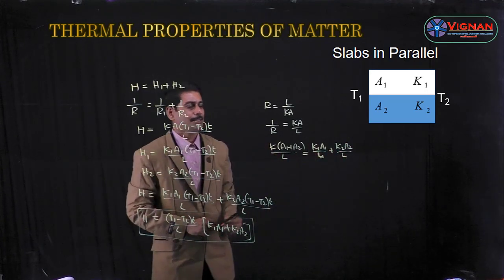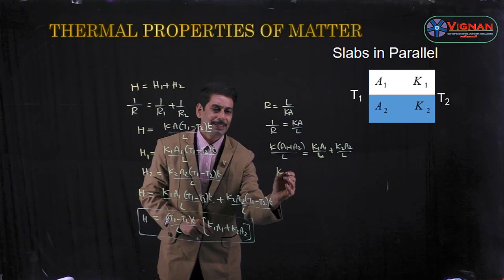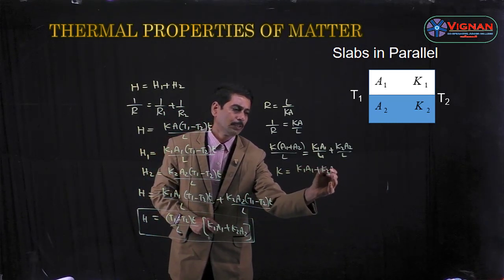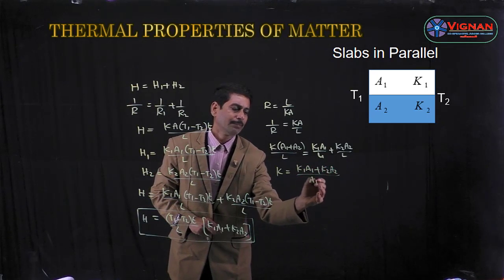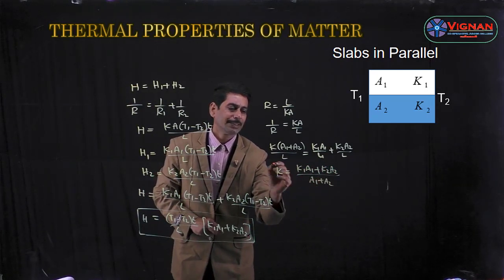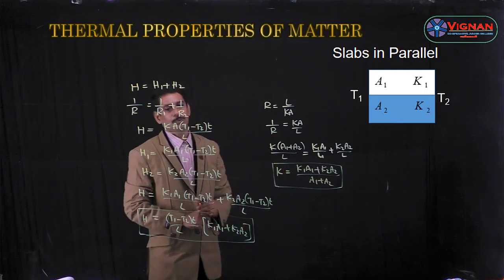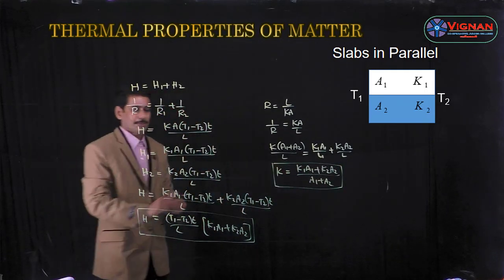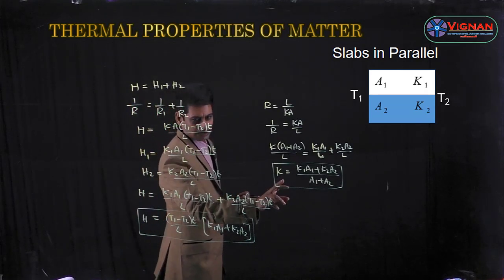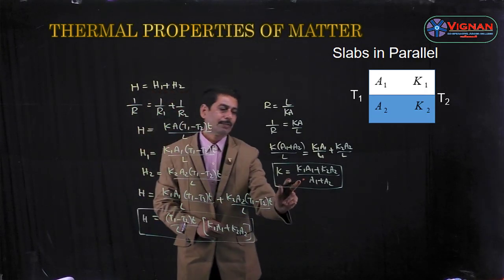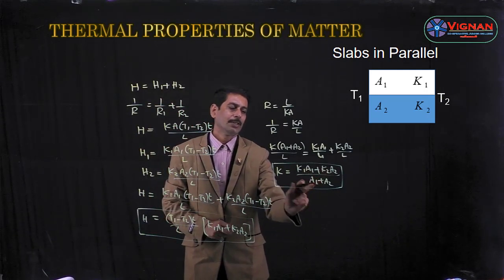So L gets cancelled, and we get K is equal to K1 A1 plus K2 A2 by A1 plus A2. This is the expression for the effective thermal conductivity when the two slabs are connected in parallel.